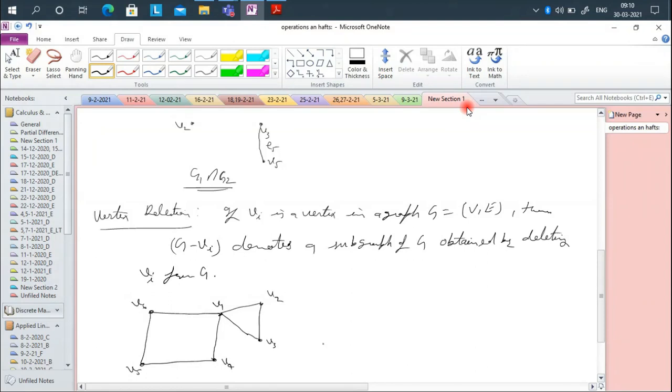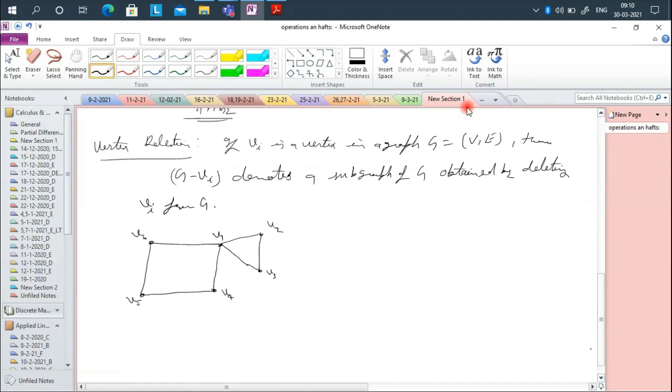Okay, fine. Now we delete a vertex. This is graph G. Now we have G minus V1. So how do we delete the vertex? V1 we delete here. So V6, V5 and V4, and here we have V2 and V3.